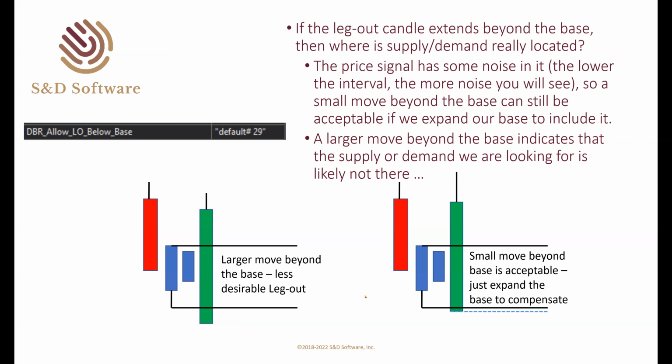So again, to limit the cases where the leg out is starting too far below the base, you can use the setting here, allow leg out below base, to specify how much of the leg out candle is allowed to be below the low of the base. The default at the moment is 20%, which is a bit generous.